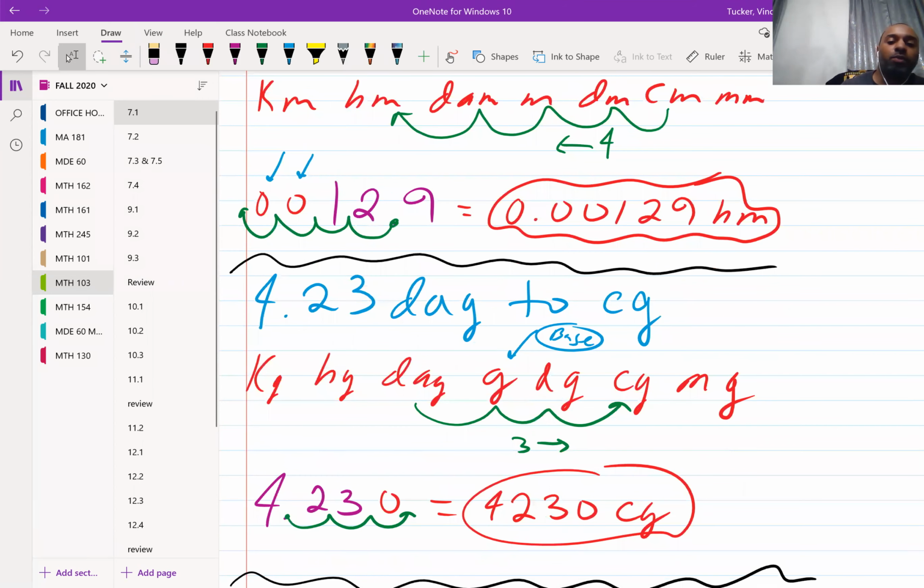And 4.23, take that decimal 3 places to the right, use 0 as a placeholder. It's 4,230 centigrams. All right, any problems?